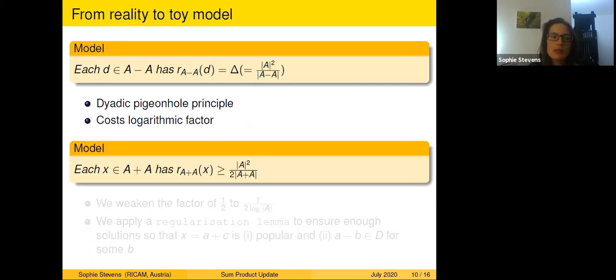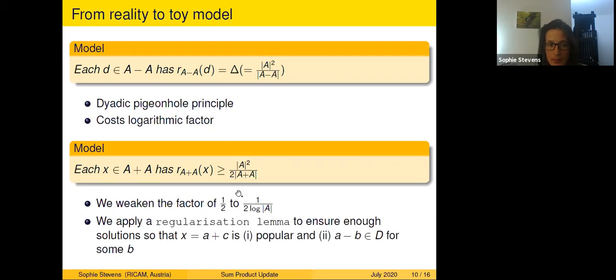The second model case that I imposed was saying that when I was looking at my equivalence classes, every X which lived in the sum set was popular. So this isn't quite true. It's a bit too much to ask that X is both popular and also interacts with this set D that we find here, or this subset of the difference set that we find here.